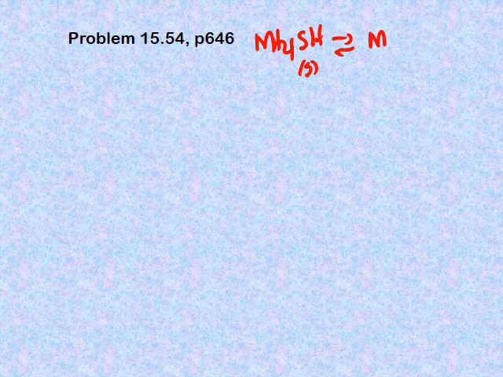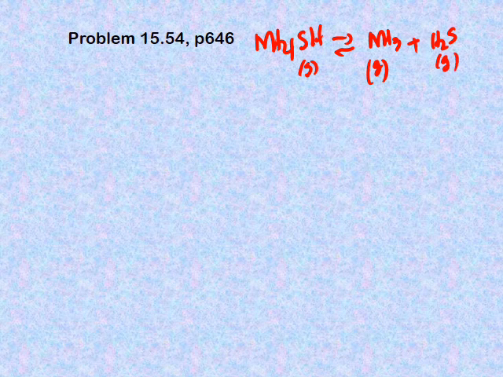Usually I write down the state of matter when it's heterogeneous so that I know which one is solid and which one is gas. Ammonia is a gas plus H2S, that's also gas.